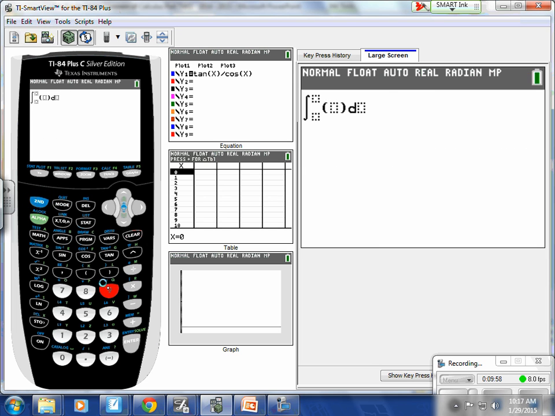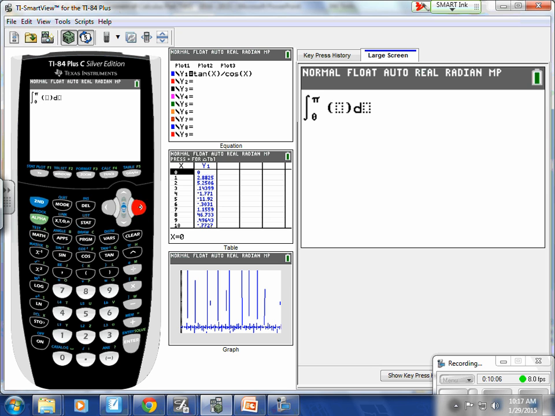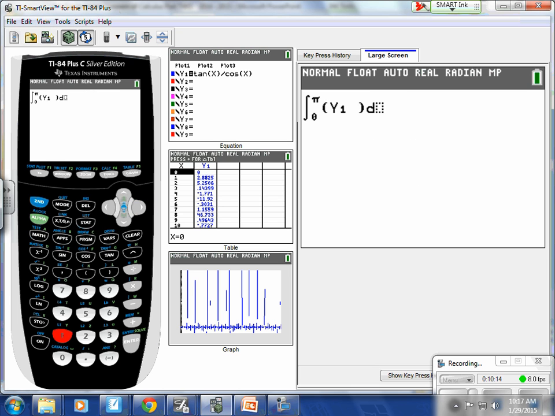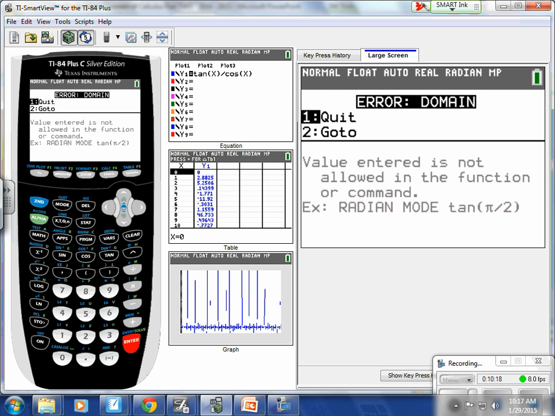Integrate from 0 to pi, function 1, and the variable here is x. Domain error. What's that?